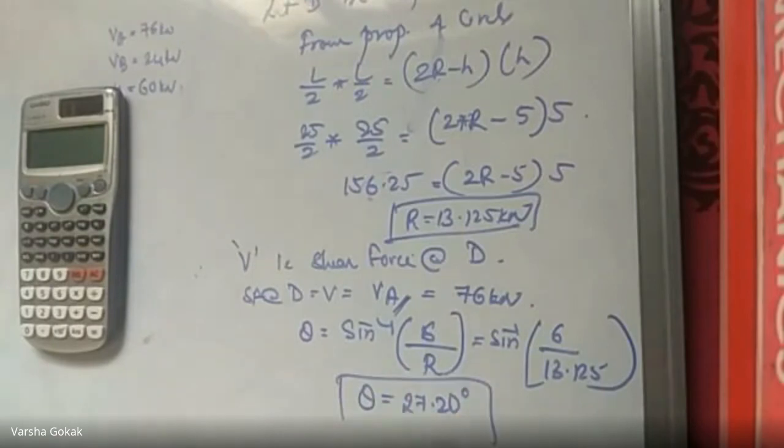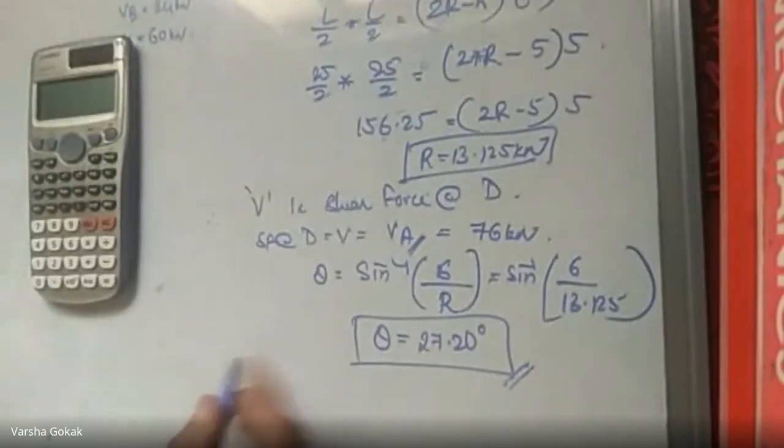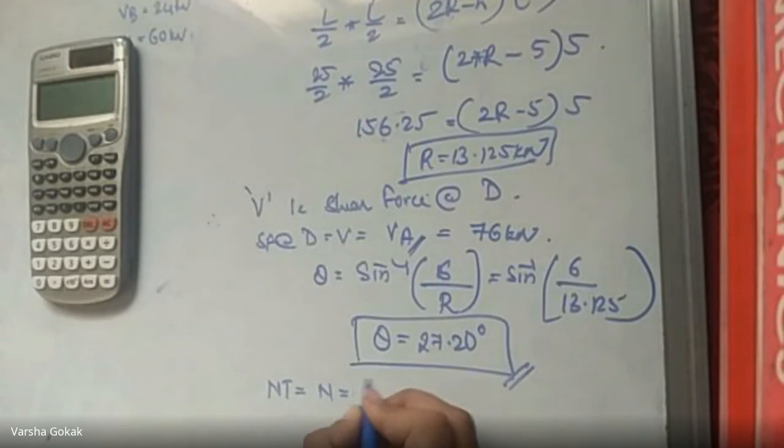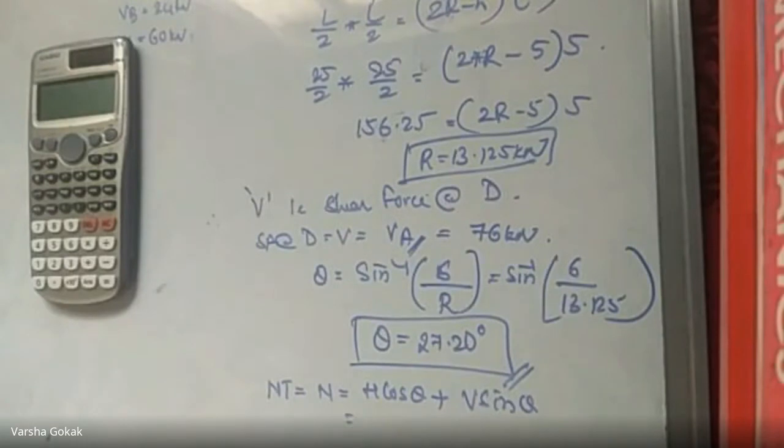27.20 degrees. So once you get the theta, then substitute in the general equation, that is normal thrust, NT, which is given by N also, is H cos theta plus V sin theta. And radial shear Q is H sin theta minus V cos theta.